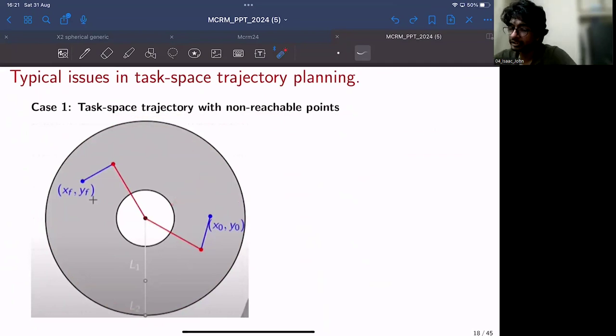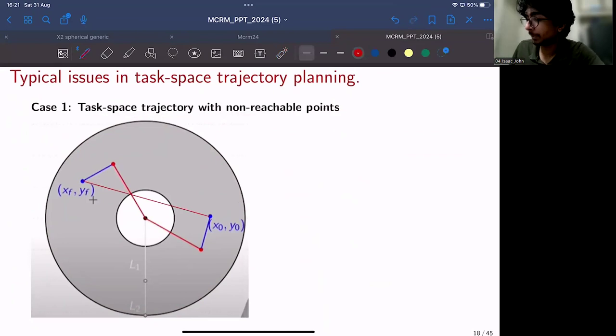So if you try to plan a straight line trajectory from this initial point x0 to this final point xf in task space, you may encounter this problem. It may try to reach points that are not reachable.